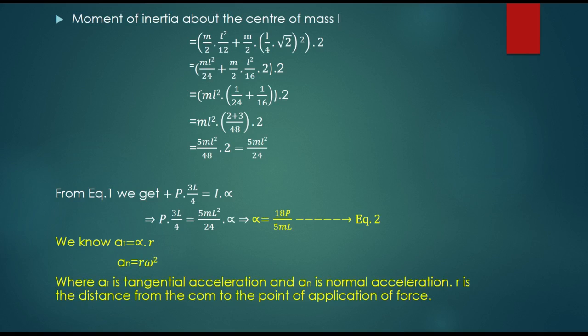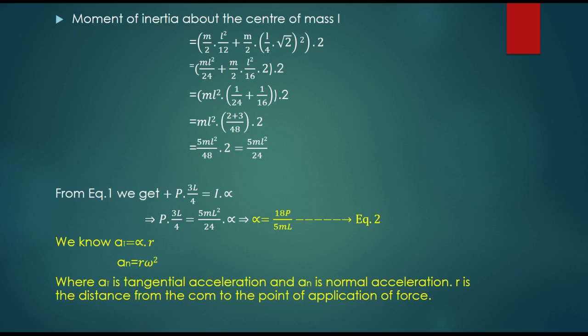So the moment of inertia I is equal to m by 2 into L square by 12 plus m by 2 into L by 4 into root 2, whole squared, whole into 2, which equals ml square by 24 plus m by 2 into L square by 16 into 2, whole into 2, and it is calculated as 5ml square by 24.